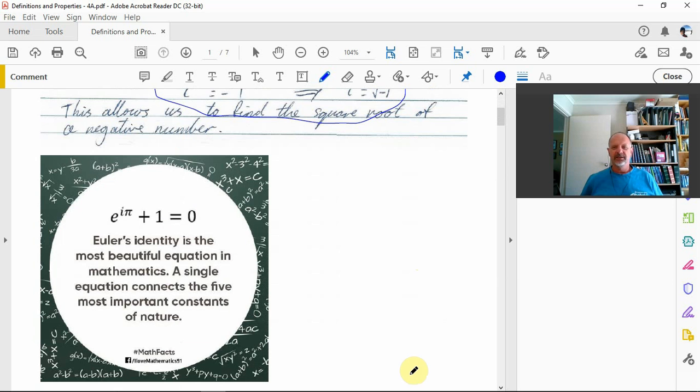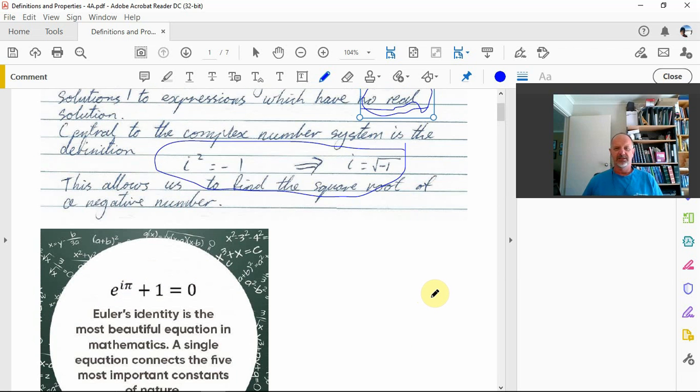It's considered by a lot to be the most beautiful equation in mathematics, because it's one equation with 5 constants: e, i, pi, 1 and 0. Five pretty important constants all put together. Anyway, that's a little bit of an aside.